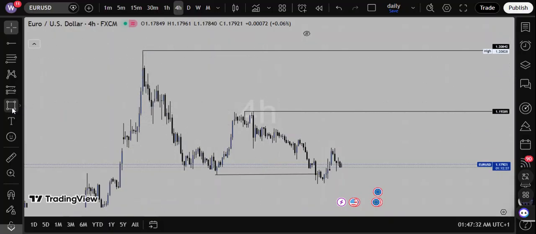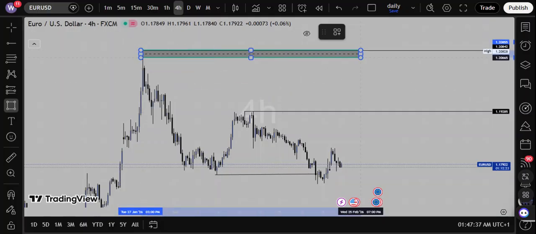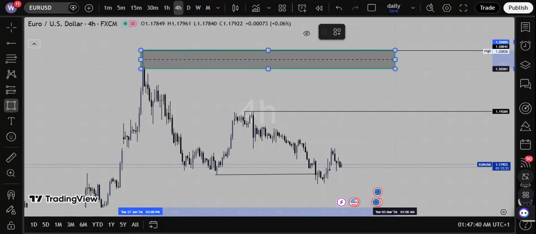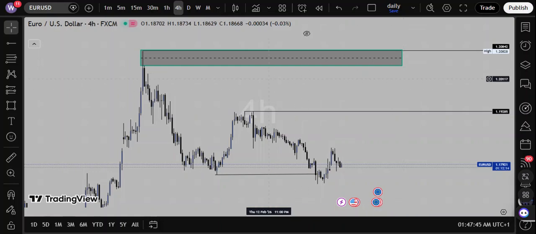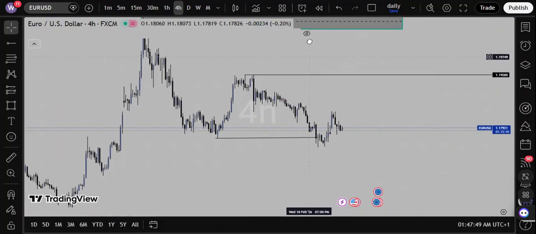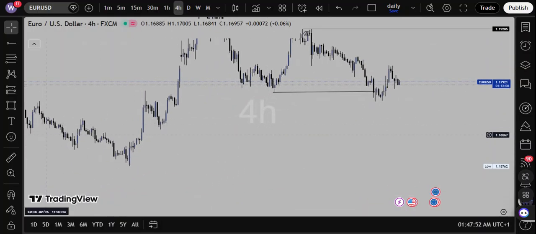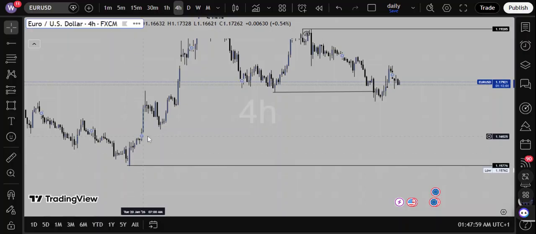So if you wish, you can as well mark it this way to become a zone for you, because that wick is called a void, right? That rejection there, this is a protected high. Price has not mitigated this high for a very long time. Let's say this is the low as well, where price has moved from, can you see right here.